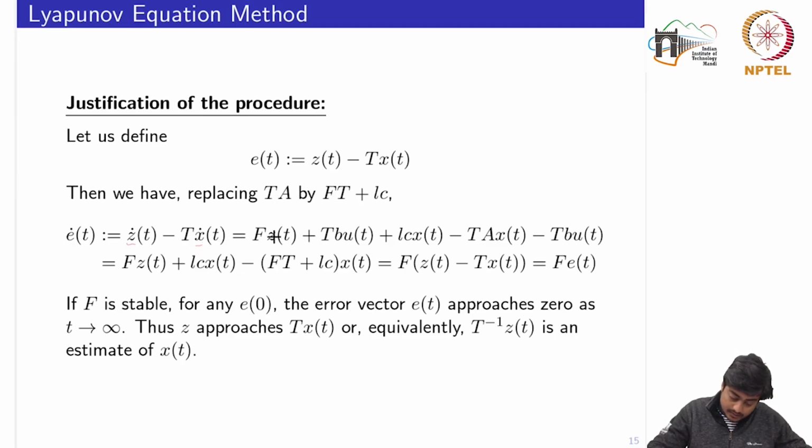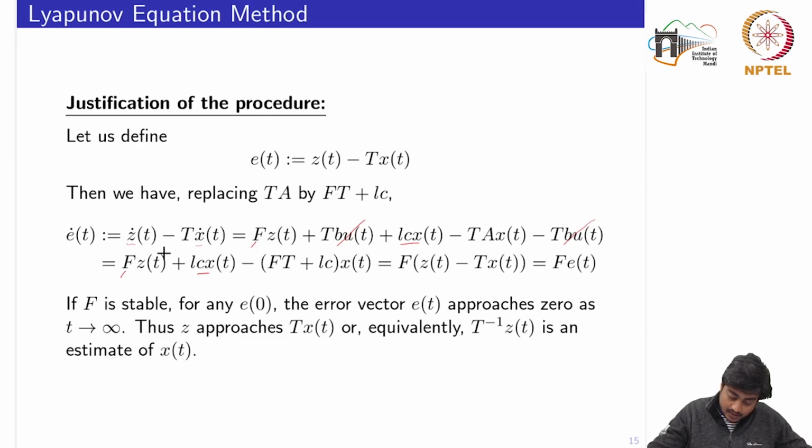Again I will start pairing the terms. The first term will come as it is. Similarly, I wrote the second term, LCX. Here you would see again that the influence of the input has been cancelled out completely on the estimation error, on the error dynamics.